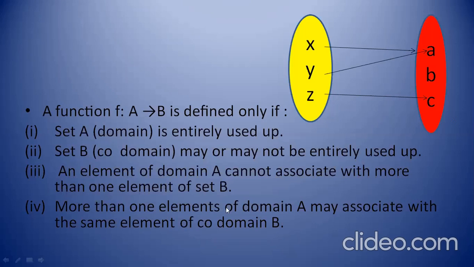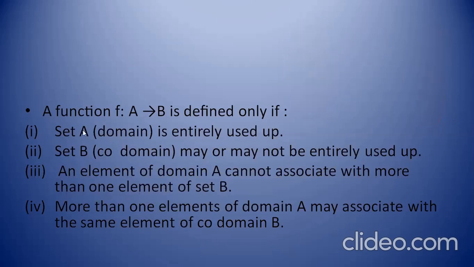If all four conditions are satisfied by the sets, we can say it represents a function. So these conditions must be satisfied for a function. Again, I am repeating the definition of the function. A function f from A to B is defined only if set A is entirely used up.